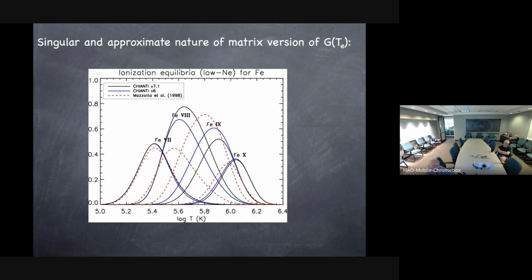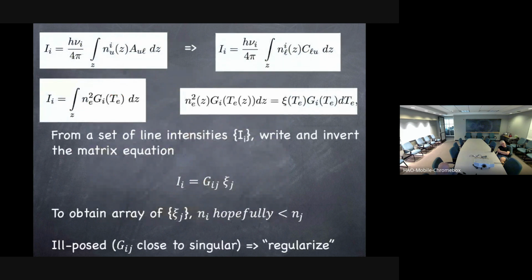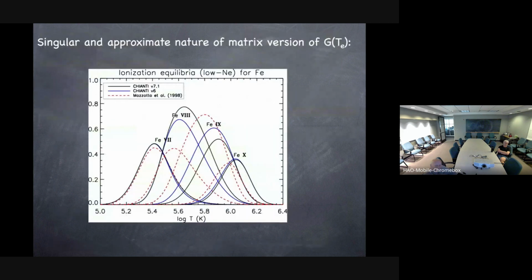Now each one of these is a G of T function, and you imagine stacking those up as a function of temperature in that matrix G, then you can see that these have a lot of overlap. That means there's a hell of a lot of redundancy in a set of data. If I were to observe lines of iron 7, 8, 9, and 10, you'd say, well, we've got more or less the whole quiet corona covered.